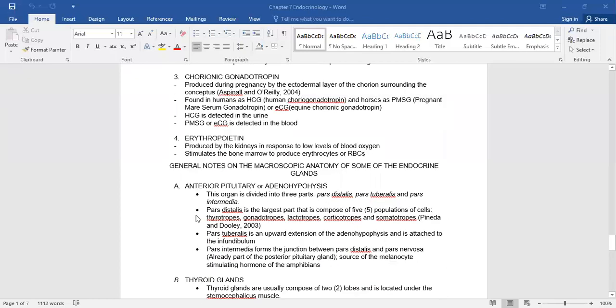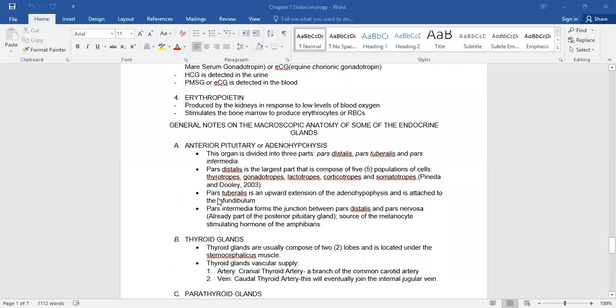General notes for the anterior pituitary gland. This organ is divided into three parts: pars distalis, pars tuberalis, and pars intermedia.